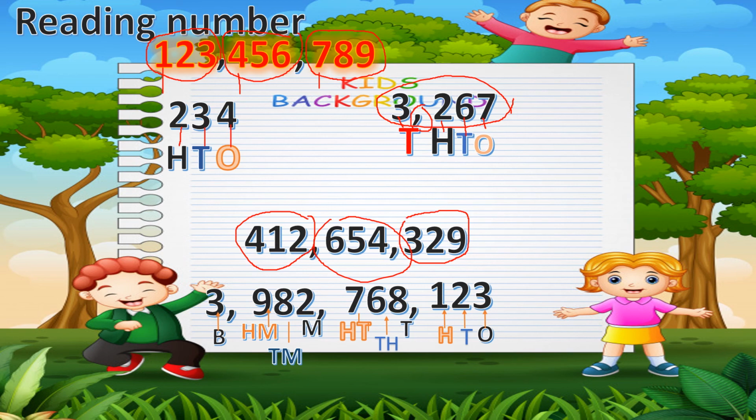You need to remember that this one is in the hundreds place, and this one also is hundreds. Then this one is also a hundreds place. But every hundreds place has a designated period. This is the period of millions, this is the period of thousands, and this is the period of units.